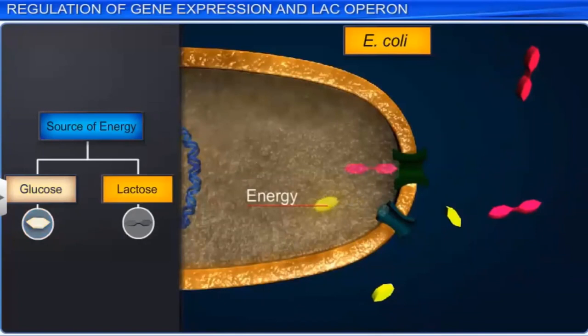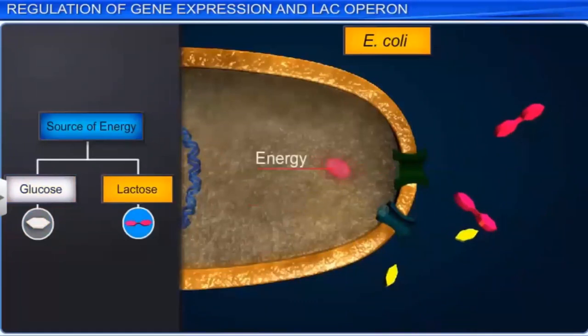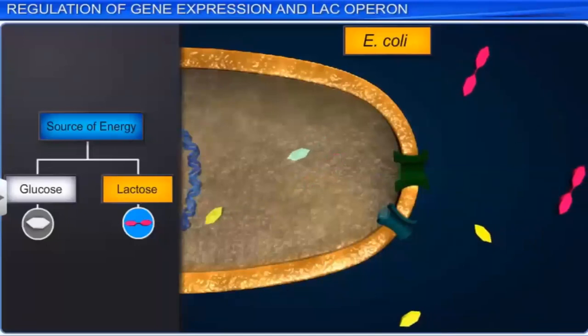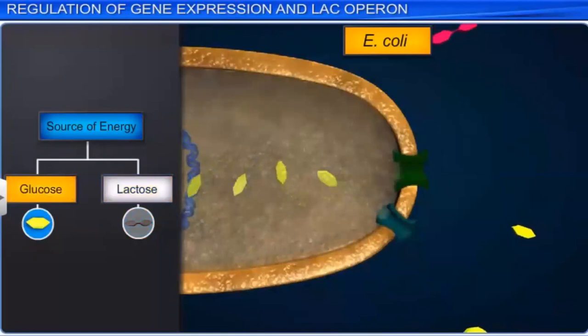E. coli can use a disaccharide, lactose, as its source of energy. However, lactose needs to be hydrolyzed or digested before it is used, and hence the bacterium prefers to use glucose when it can.